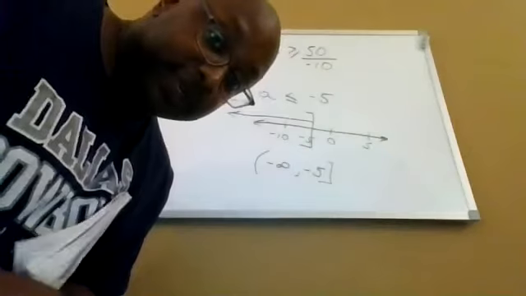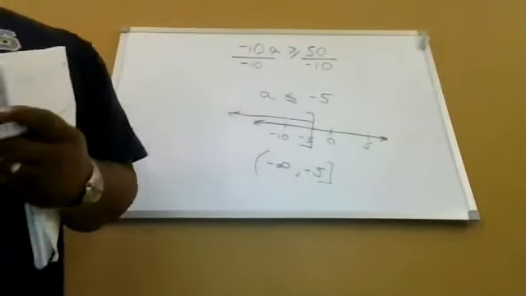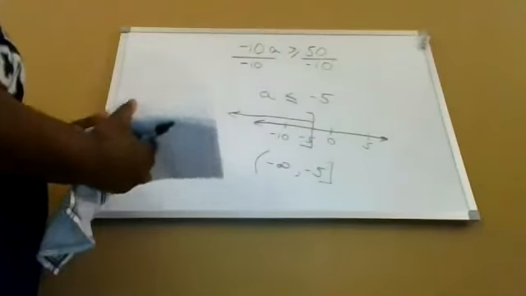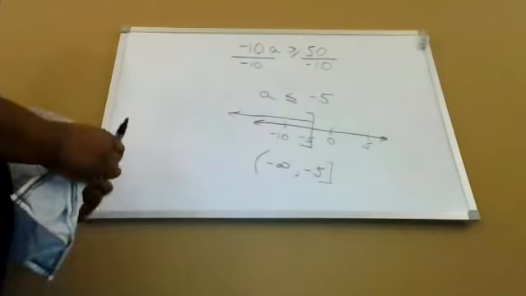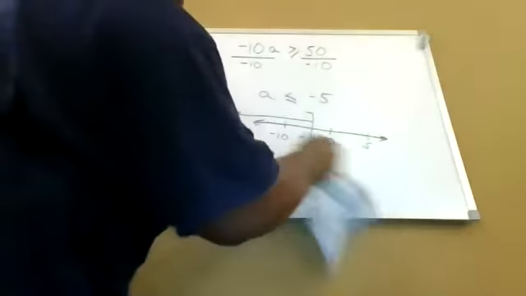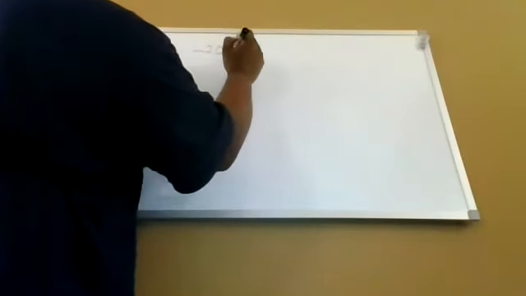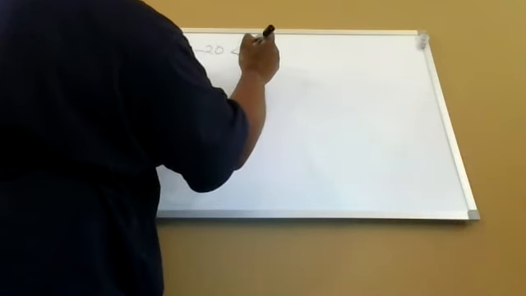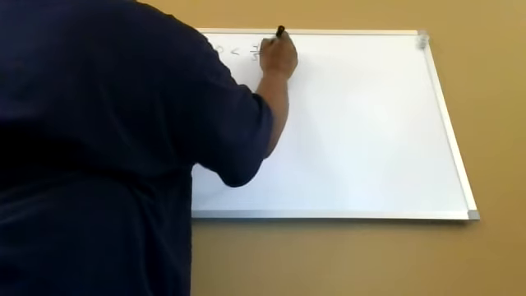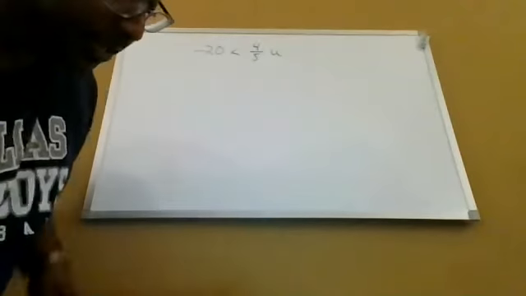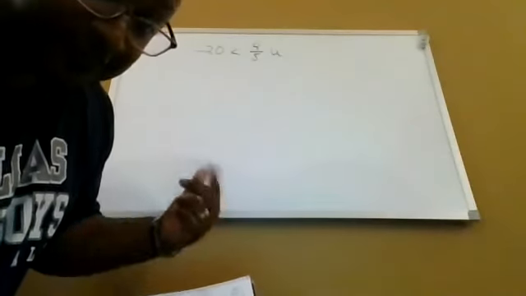And one more example. This one involves a fraction. So we have the inequality -20 is less than 4/5 u.